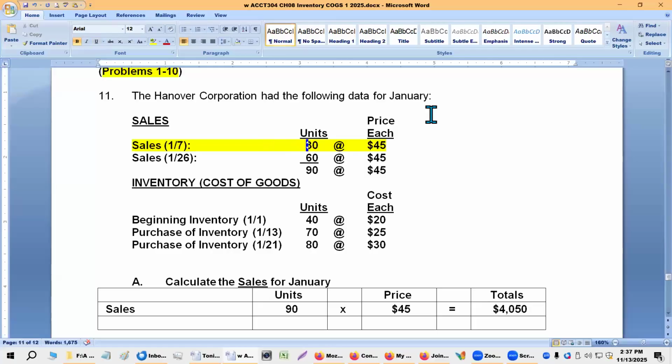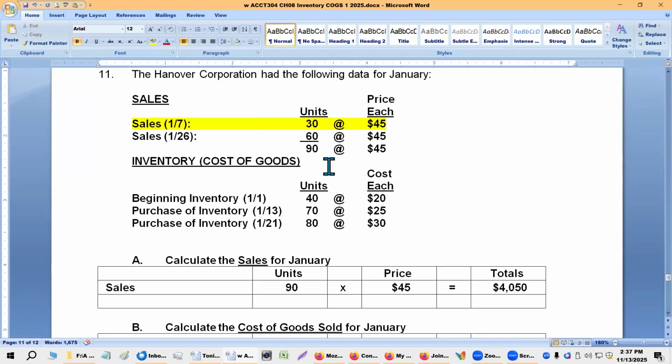So perpetual inventory, while a lot of companies will use it, is also kind of a pain, because it's whatever was last in at that point in time.